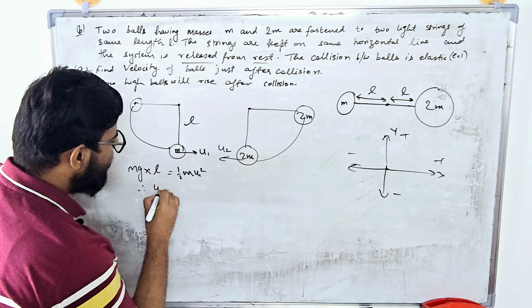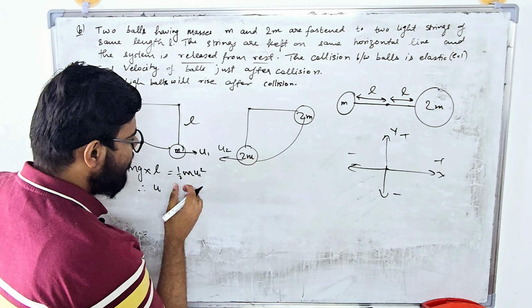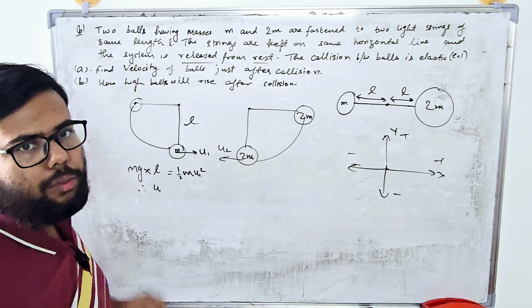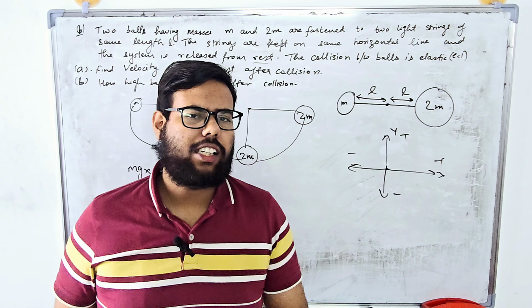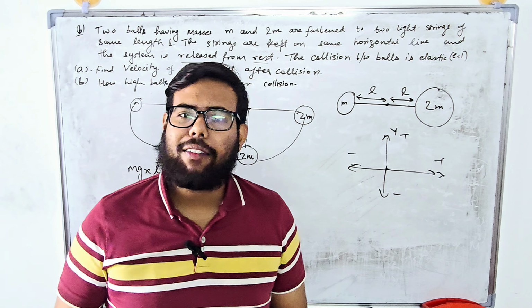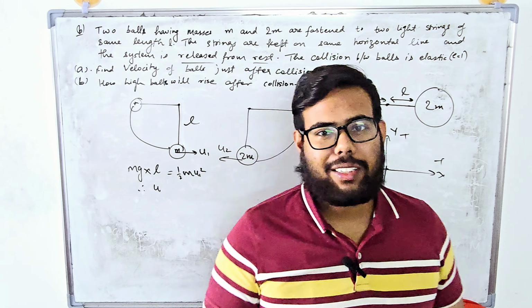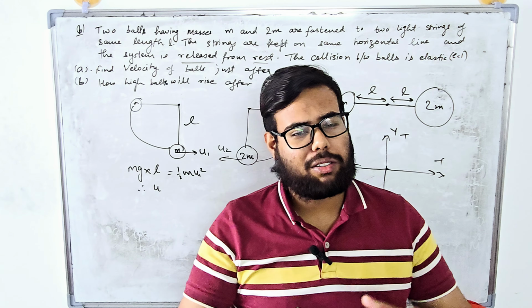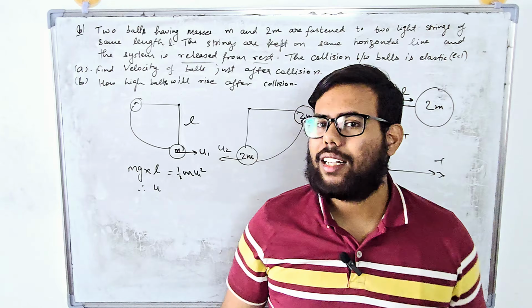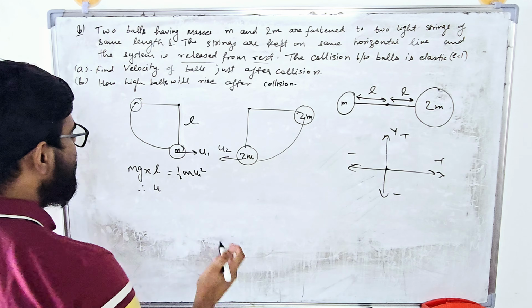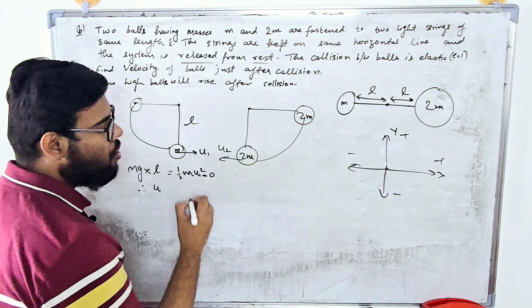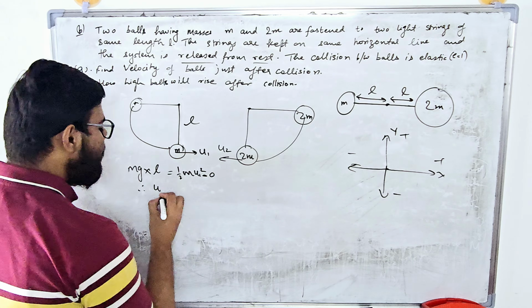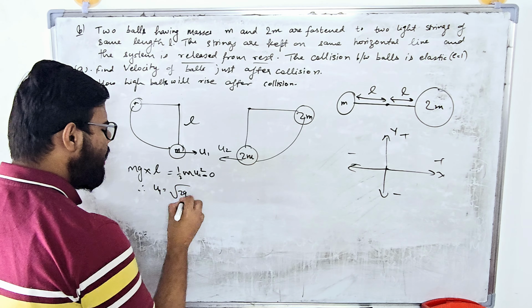Why have I taken the change in kinetic energy as half m u1 square and not considered the initial kinetic energy? Because the ball is released, which means the initial velocity is 0, so the initial kinetic energy is also 0. Hence u1 is equal to root 2gL, correct?